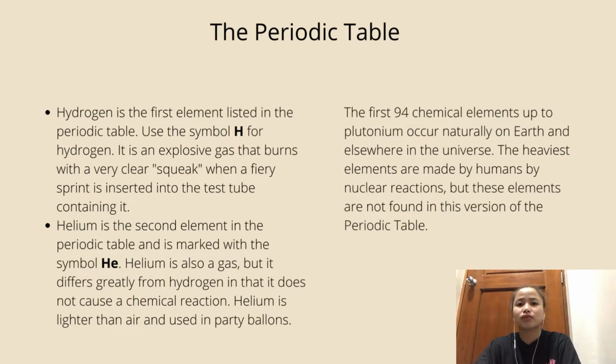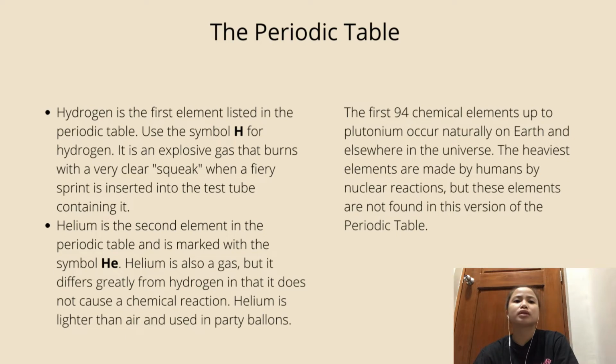Helium is used for party balloons because it is lighter than air. 94 chemical elements up to plutonium occur naturally on Earth and elsewhere in the universe. The heaviest elements are made by humans using nuclear reactions, but these elements cannot be seen in this version of the periodic table.